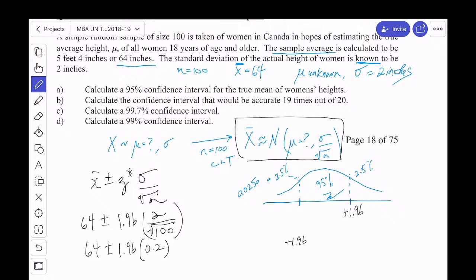Now we call this part together a margin of error. Let's figure out what that is. 0.392, and this is called the margin of error.